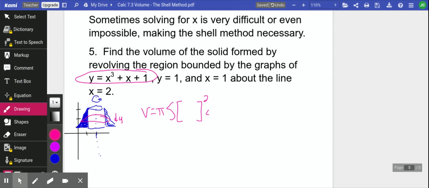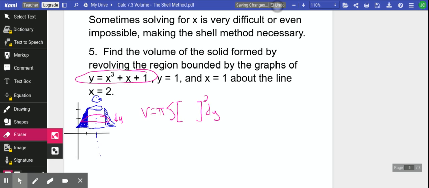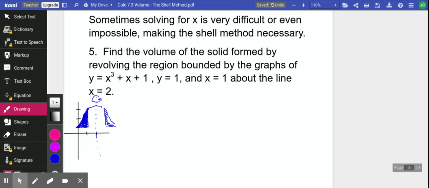So let's erase this stuff. Go away. One more. Okay. So if we've decided then that we have to use our shell method on this, let's set up those shells. The shells are going to be made so that they are parallel to that axis of rotation.